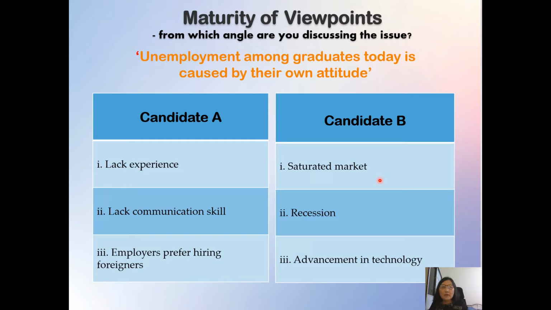He looks at the issue from a wider perspective. That is, it involves the society and the nation as a whole. And there are other factors other than personal factors. So we can say that candidate A's viewpoints lack maturity, but candidate B's viewpoints are more matured.